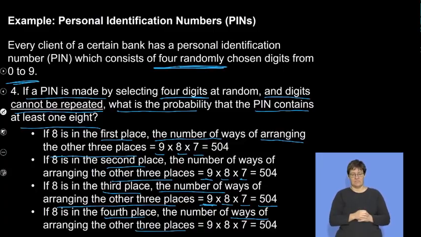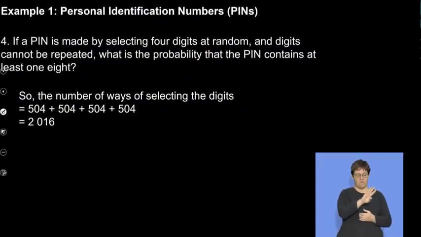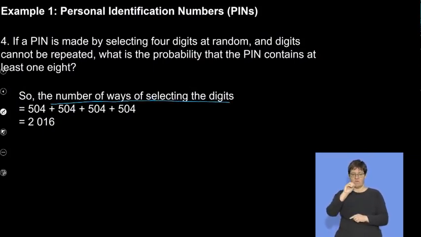Then which gives us what? The total number of ways will be 504 added 4 times, which gives us 2016.